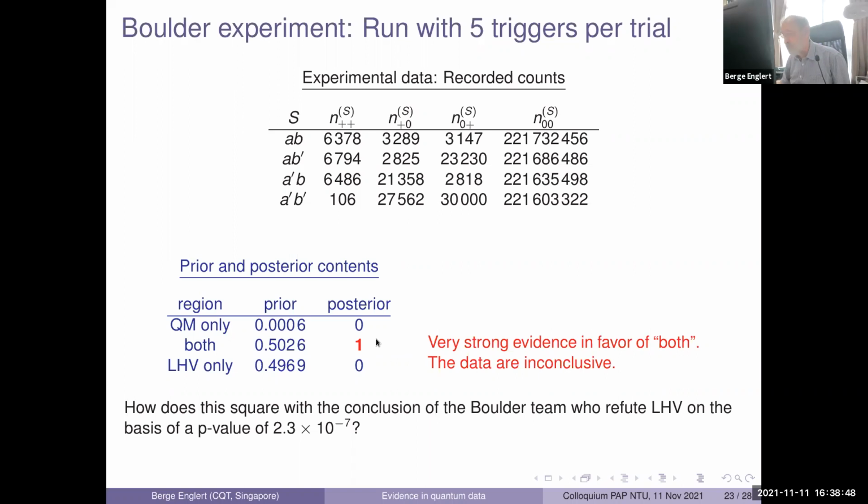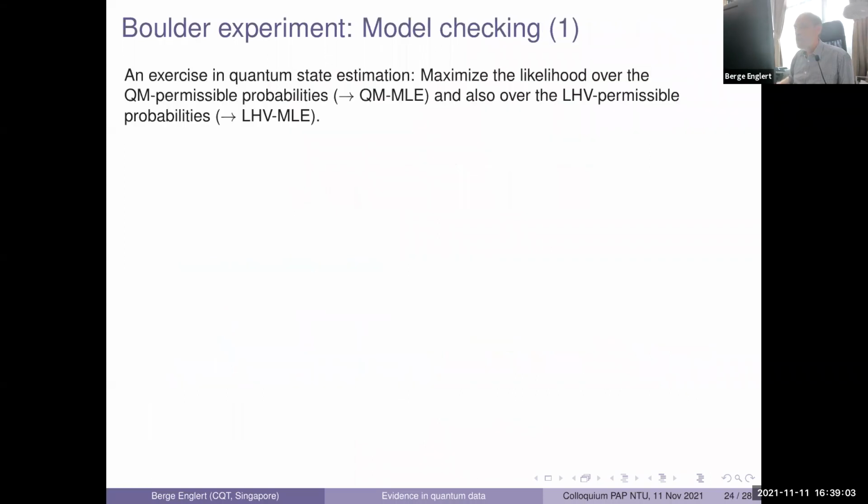But now remember that the Boulder team who refuted the local hidden variables did this on the basis of a p-value, which was really, really small. So what's going on? It turns out that if you look at the paper, there's one number in the paper which they haven't actually measured. And that's this conversion probability gamma from the trigger signal to the pair.